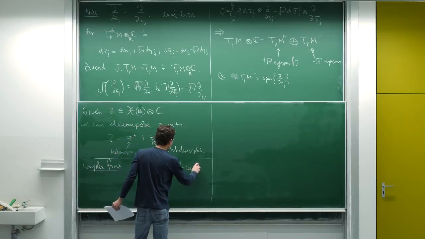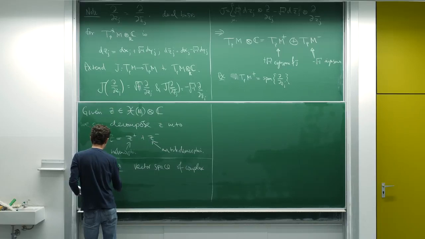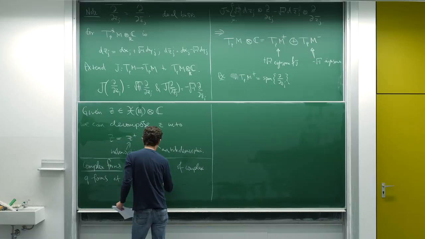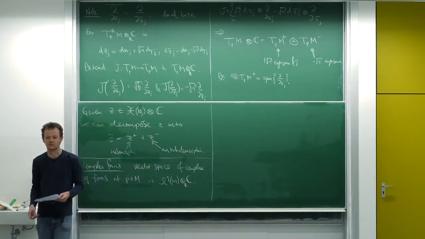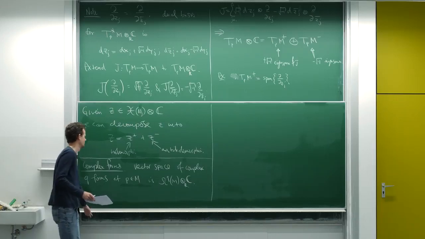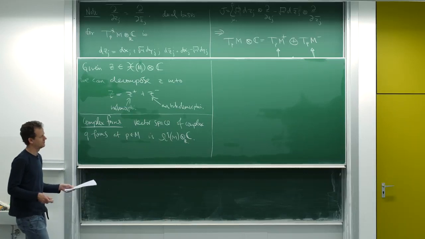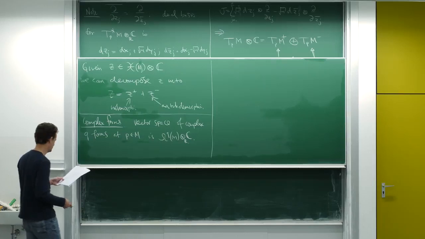Here's the definition. The vector space of complex Q forms at a point P in the manifold is none other than the space of Q forms, but complexified. You allow coefficients to be complex numbers now. And now we're going to try and build bases for this space and decompose a general form in terms of this basis.